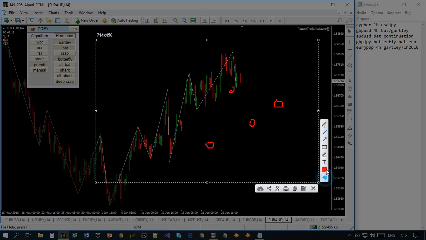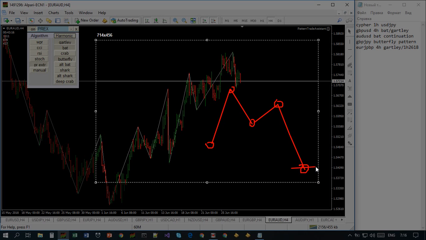Because what happens if we have this? It draws a Gartley initially, like this, but then you come to your computer and the indicator says, you know, the Gartley evolved into a butterfly. Okay, you buy the butterfly, and then you come to your computer and it says, your butterfly evolved into a crab. So what the heck is this?